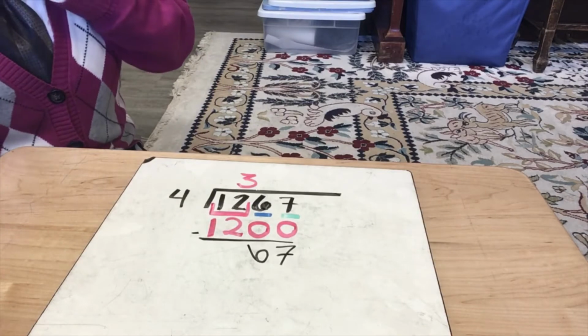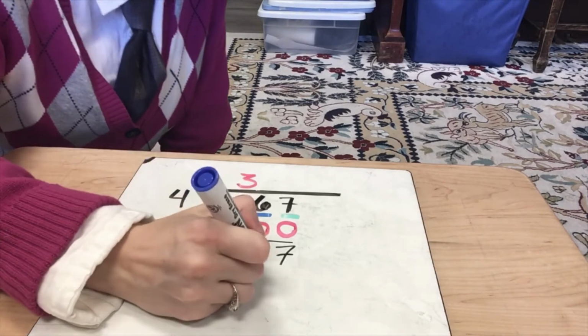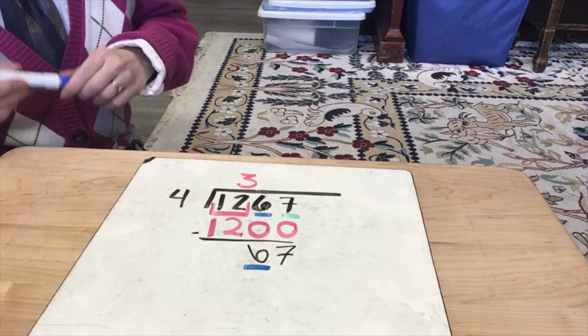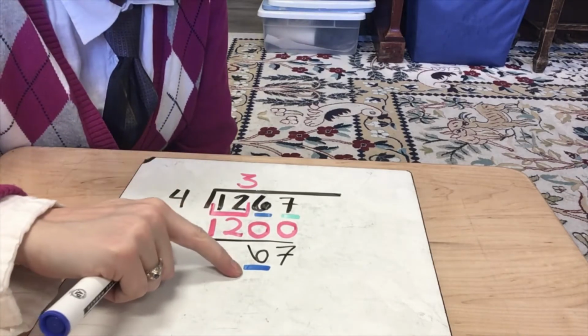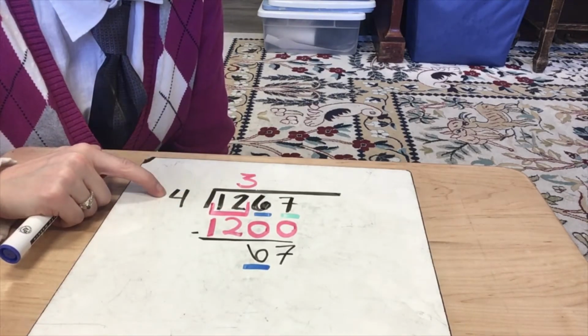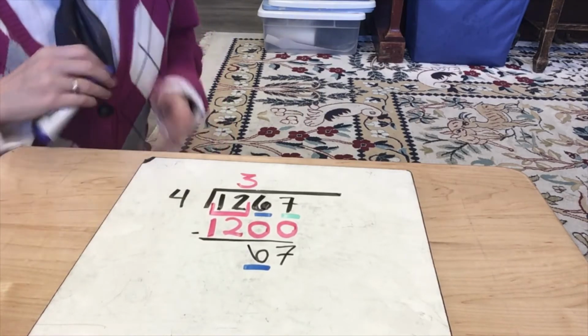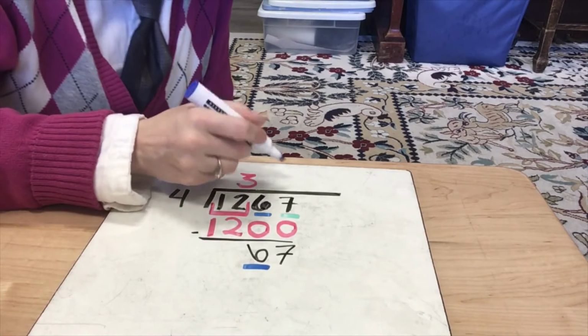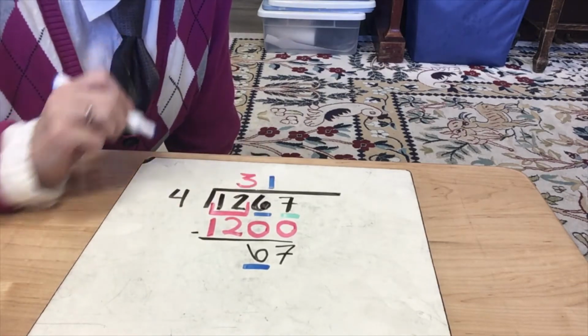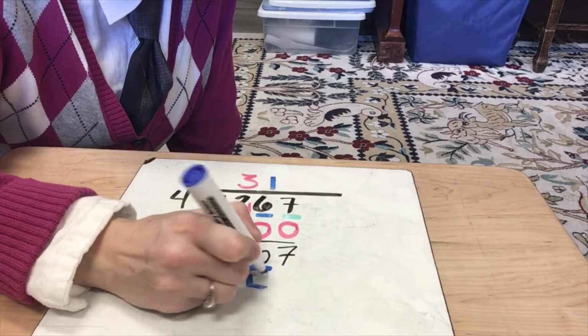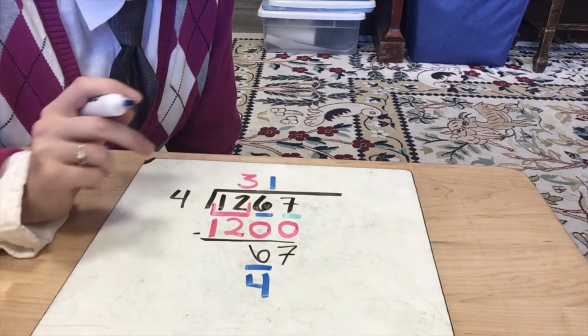Now I am going to look next door, and I see that I have 6 in the tens place. Now I can take those 6, everybody gets 1, and I'll have a little left over, because 4 taken 1 time will equal 4. But remember, it's not just a 4 all by itself.